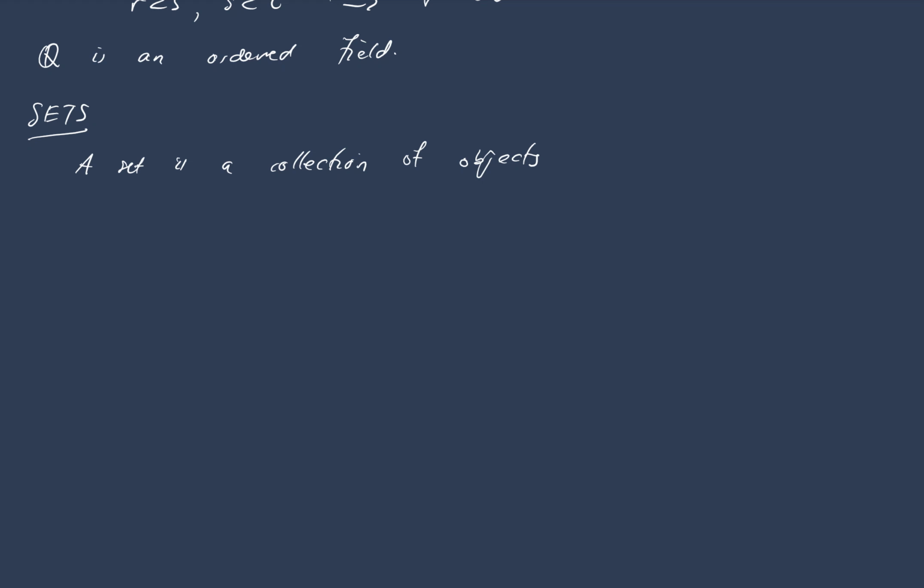Okay, and I'm just going to write down a few various things that we'll deal with. So given a set, usually the objects are going to be numbers, sometimes they'll be sets, sometimes they'll be functions, but generally speaking we'll be talking about sets of numbers.